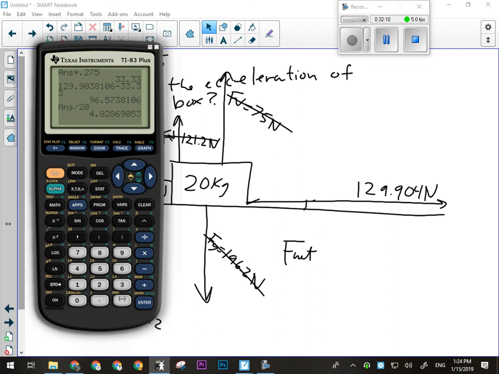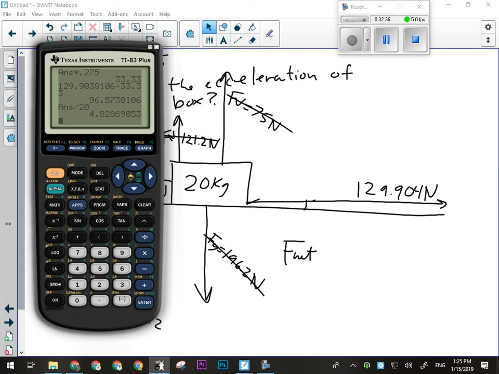And this thing is accelerating along the table in a forward direction at 4.8 meters per second squared. Okay, that's a fairly involved question, but you had one exactly like that on your unit exam. Okay, it's time consuming, but it tests about 3 or 4 things to do with Newton's second law.